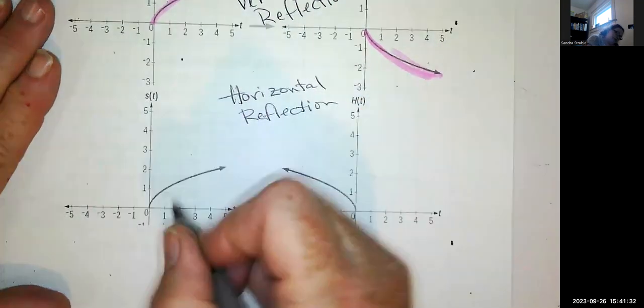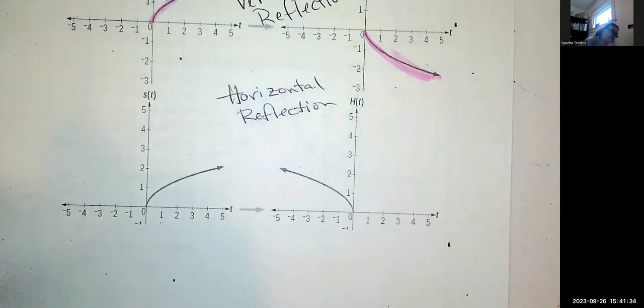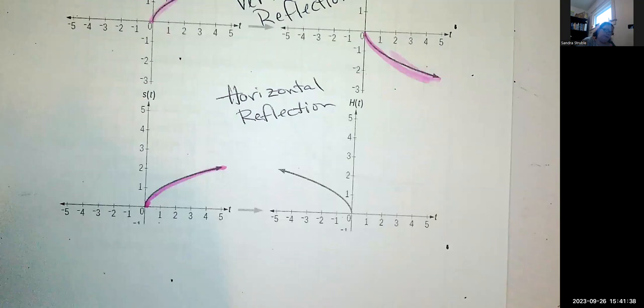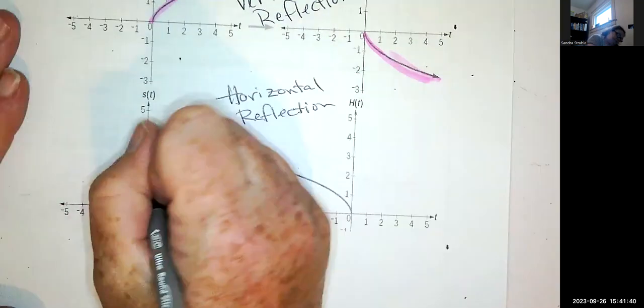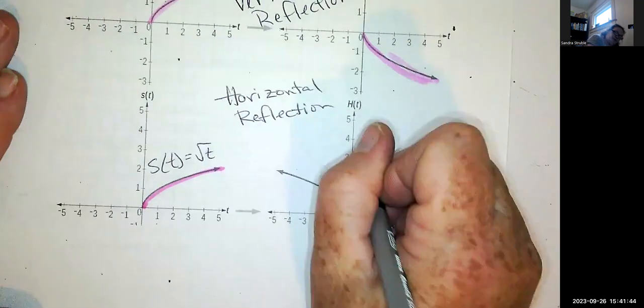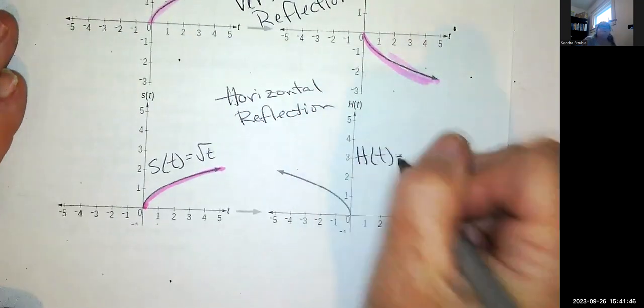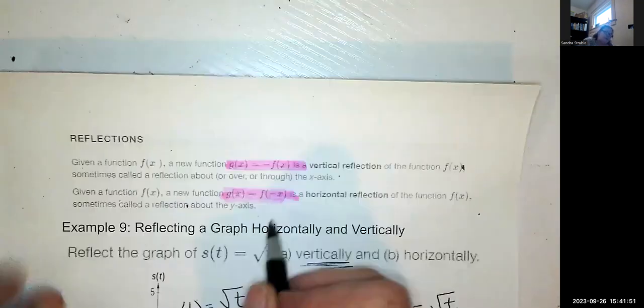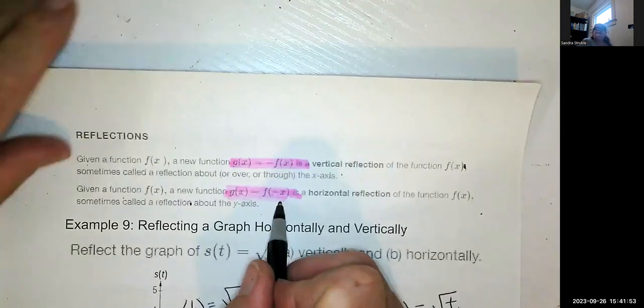The original one is here on the left, and this is back to our s of t is equal to the square root of t. And our new one, which is our horizontal h of t, is equal to, well, if you're dealing with a horizontal reflection, please note the negative has to be inside of the original function.